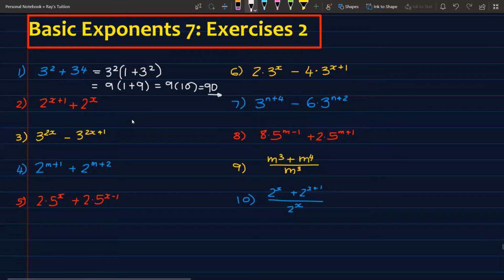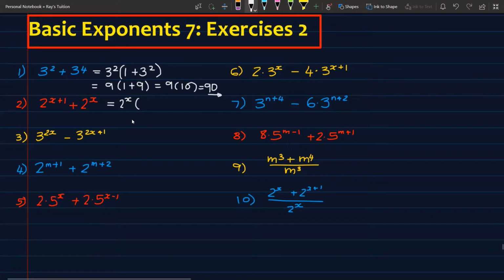Okay. Let's have a look at the second one. We've got 2 to the power of x plus 1 plus 2 to the power of x. Now, what's common between the first term and second term is a 2 to the power of x. So what we're going to do is take it out as a common factor. So factorizing 2 to the power of x out, and 2 to the power of x plus 1 divided by 2 to the power of x. And when you divide, you remember to subtract the exponents.